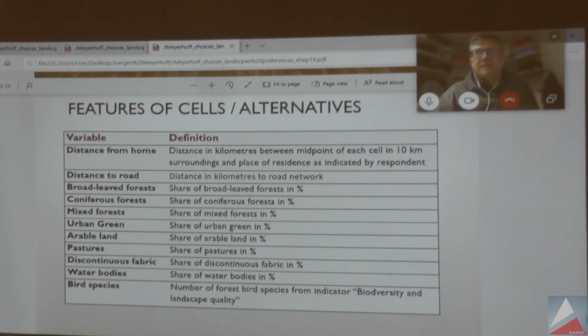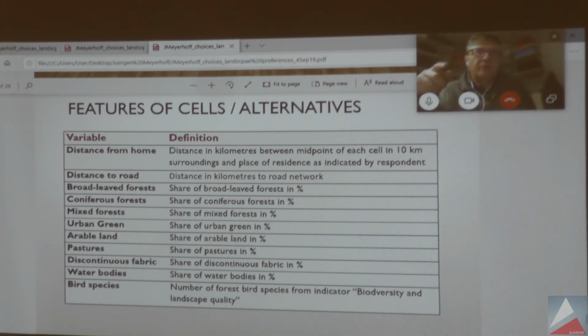So the next slide should then show you the different types of information we received from the GIS analysis. The first thing is distance from home, which is in kilometers. So we calculated for each of these close to 50 grid cells the distance from a respondent's place of residence in kilometers.